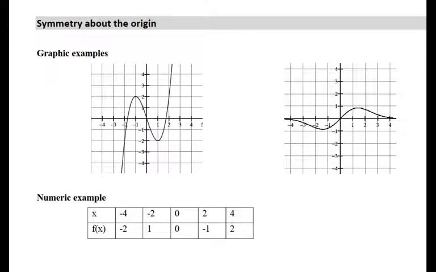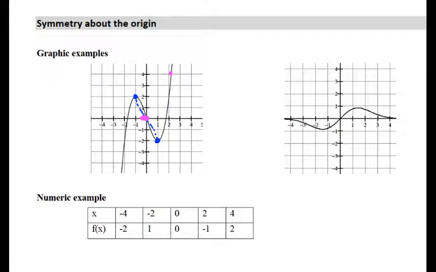Symmetry about the origin is a little bit different from symmetry about a line. If we look at this first graph here, we can see that any point on the graph will be reflected through the origin to another point on the graph. Another way of thinking about symmetry about the origin is that if I were to take this graph, the whole thing, and center it, put a pin right here in the x-axis, and spin the graph around that pin 180 degrees, I would get the same graph, right?